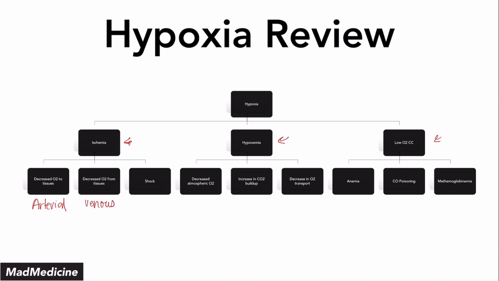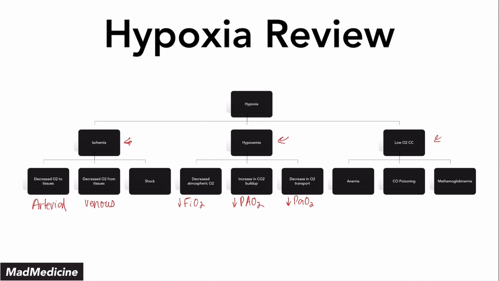In hypoxemia, you can have decreased oxygen in the atmosphere. Remember, we're dealing with FiO2. You can have carbon dioxide buildup, which means a decrease in PAO2, or you can have decreased oxygen transportation, which essentially is a decrease in PaO2.